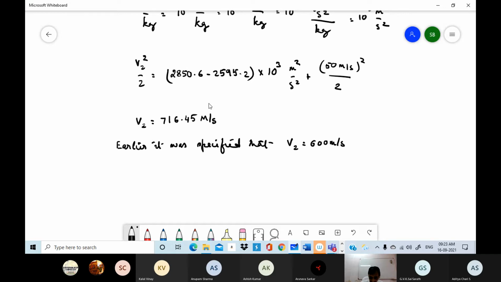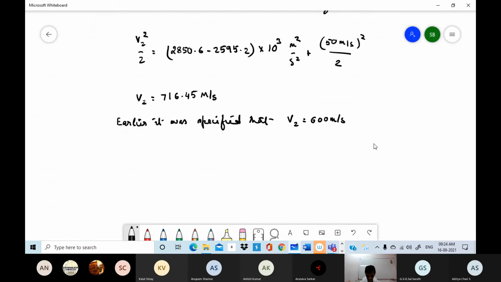So we get an expected velocity of 716.45 meters per second, whereas the earlier value which was given, it now appears that probably that is what we actually get, because there will be losses in the system. If there are losses in the system, we expect the velocity will be smaller.